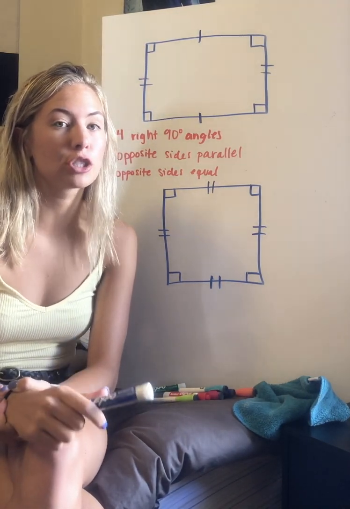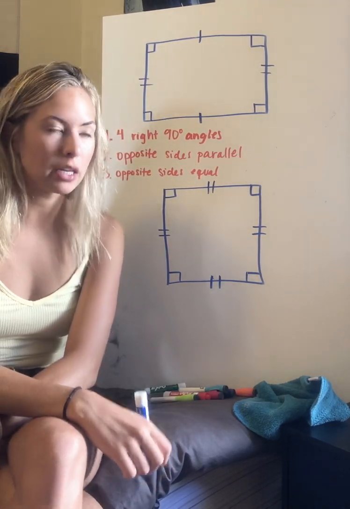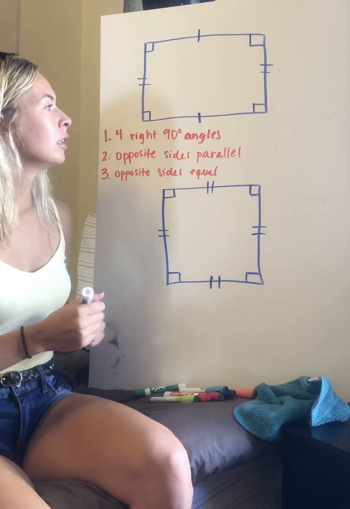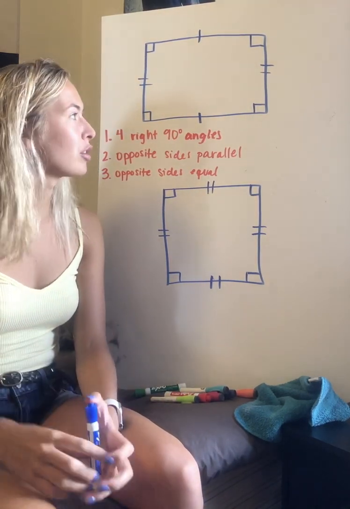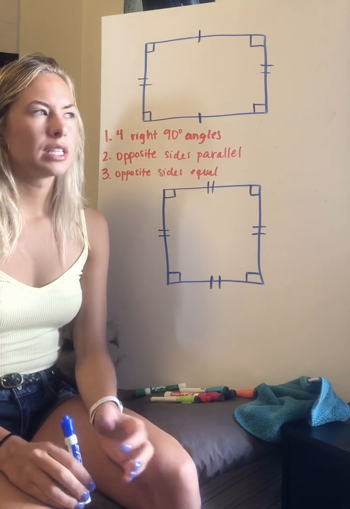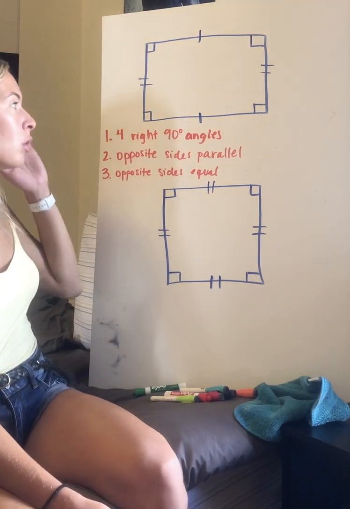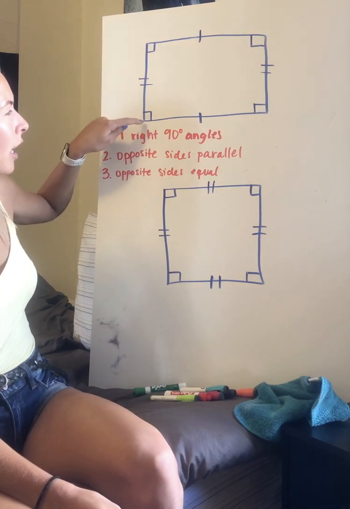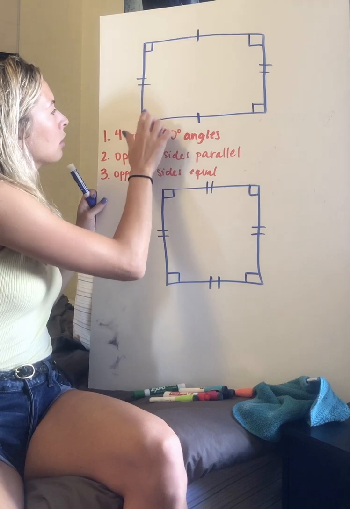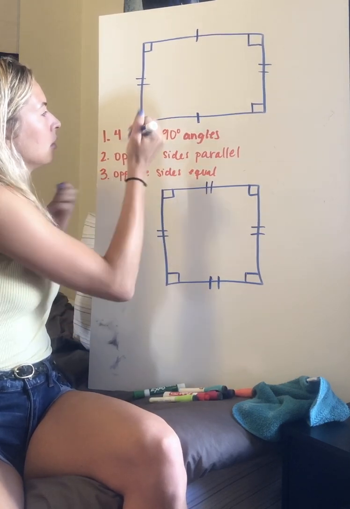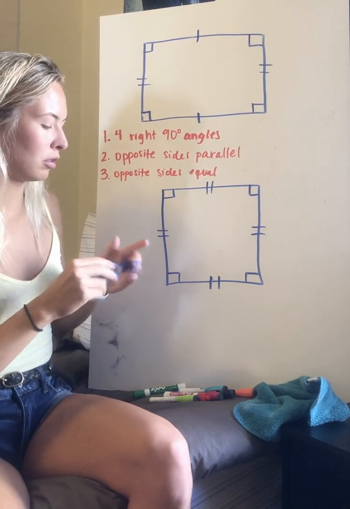So we are going to use this checklist to check if this first figure is indeed a rectangle. First I want you to know that in geometry we use symbols to define things. So this little square in the corner is really just drawn as a 90-degree angle, where you go over and down.